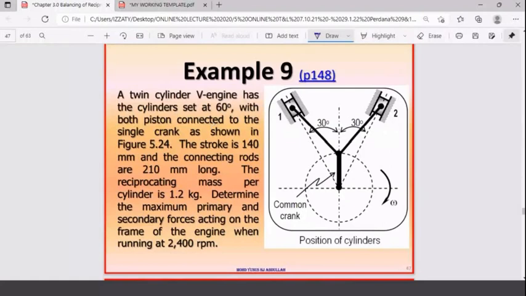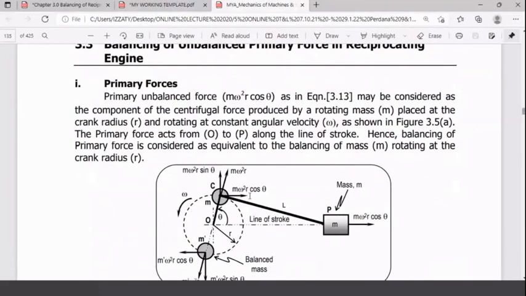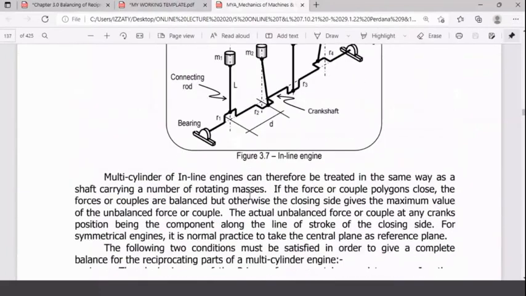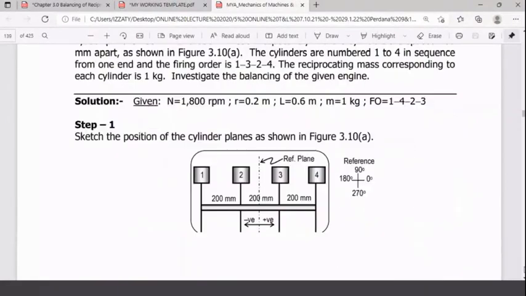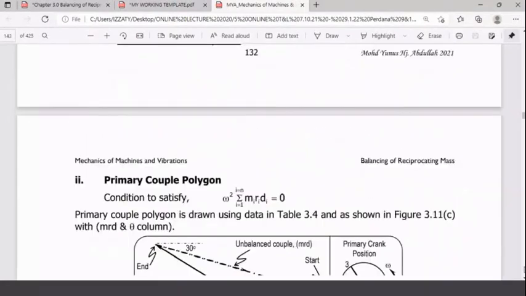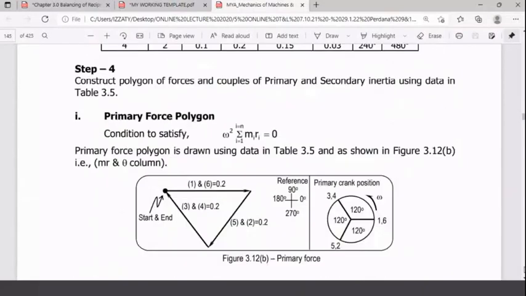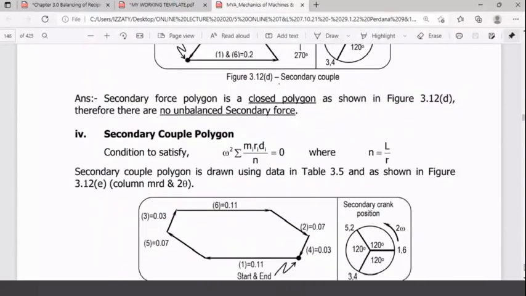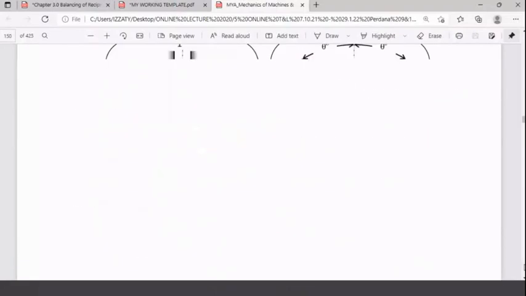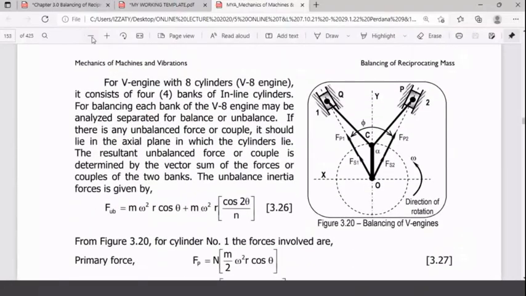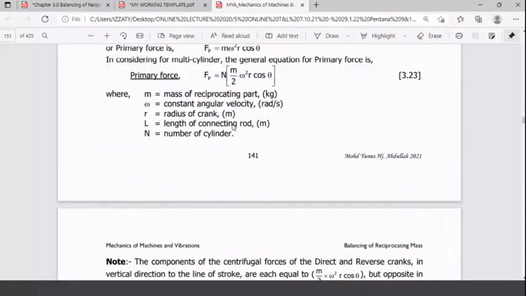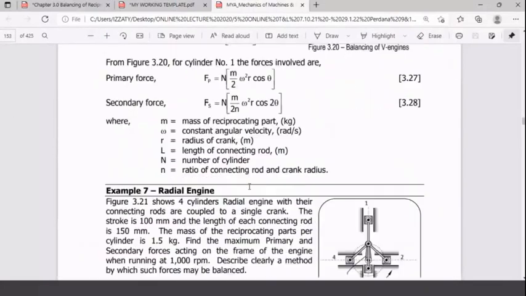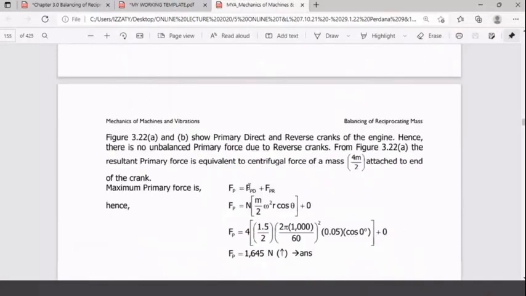So if you go to your notes here, you have completed this one. 3 cylinder is not very difficult.